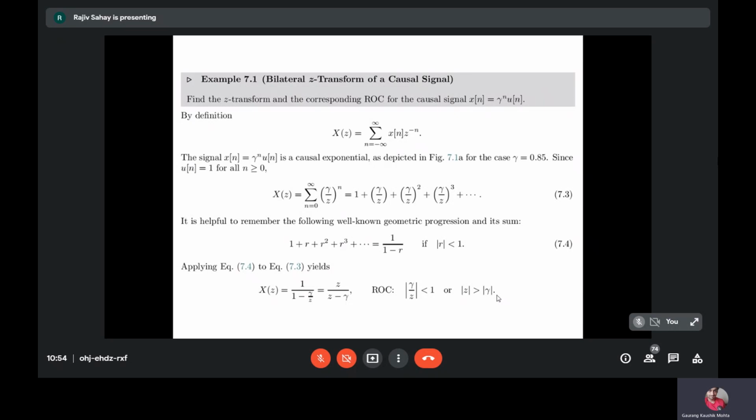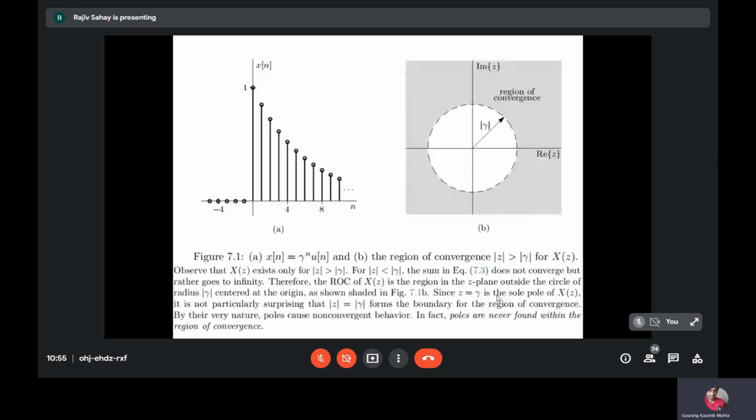I hope this is clear. Yes, sir. This is how we derive the ROC for the causal exponential right-handed signal. So let us look at the picture.